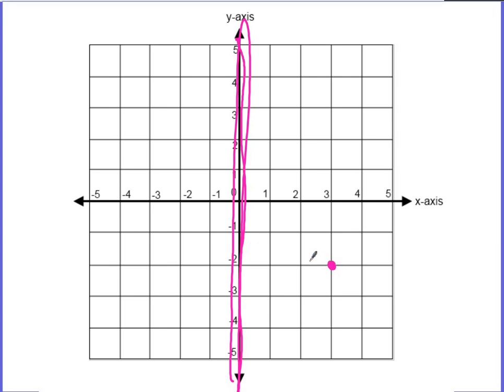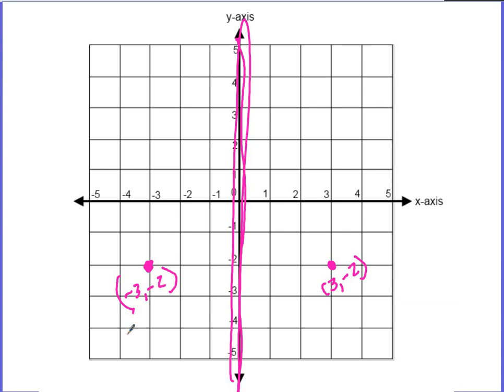It's not going to move up and down because there's nothing for it to bounce off of, but instead of being on the right-hand side, now it's going to be on the left-hand side. And it's 3 spaces away from the y-axis, so it still has to be 3 spaces away on the other side. So now, instead of that +3, -2, I have a -3, -2.